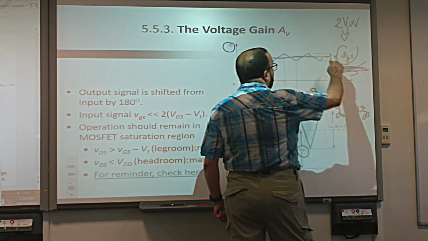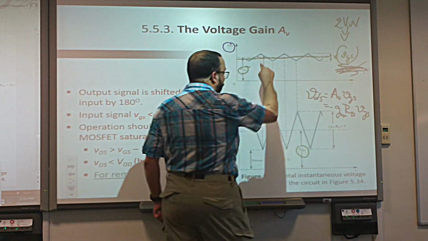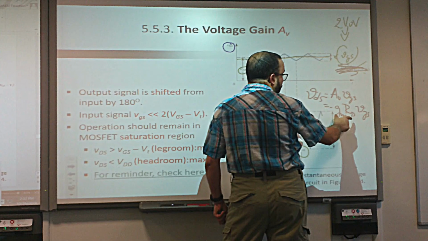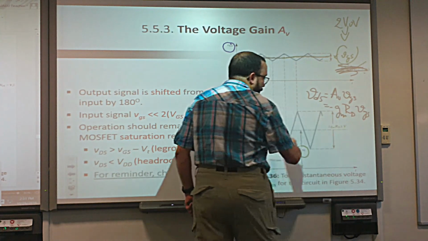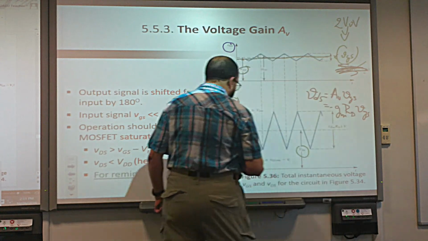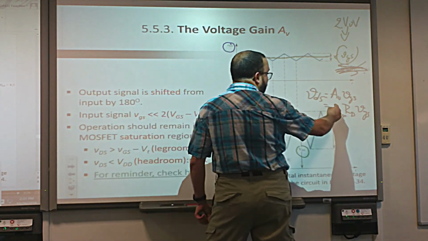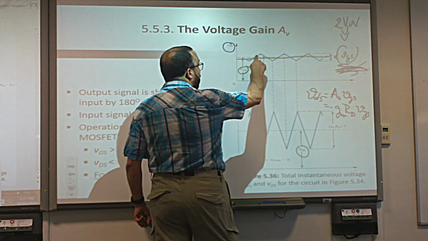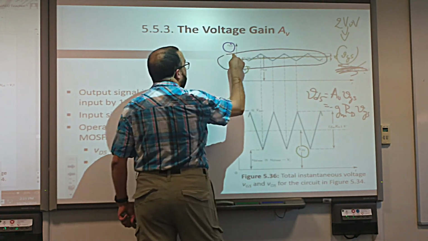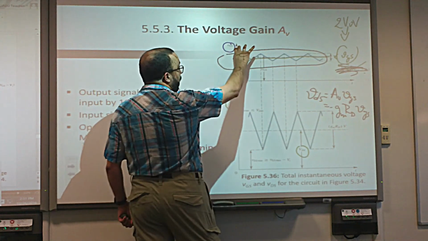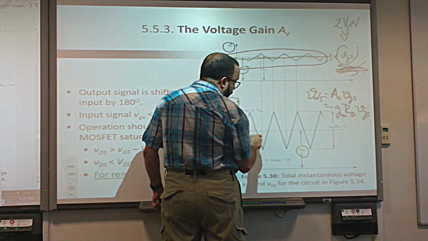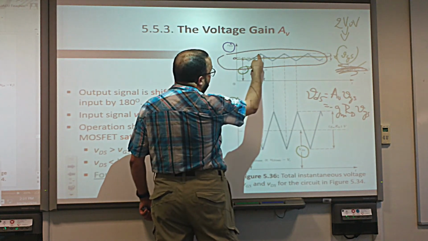It means at any point in here, to find it here, we have to multiply it by a negative number that is equal to GMRD in magnitude, okay? GMRD times that voltage. And because this is negative, if you take this as a reference, as 0, looking only here, that means if the AC value is positive, the AC value at the output will be what? Negative. Yes or no?